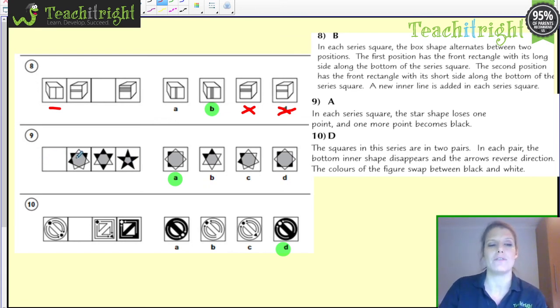So you'd have to have 2 black points. Number 10, this was D. And here we have another series where the squares are 2 pairs. In each pair, the bottom inner shape disappears and the arrows reverse direction. And the colours of the figure swap between black and white.